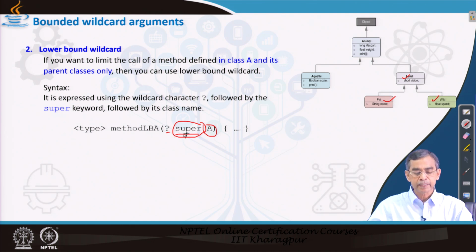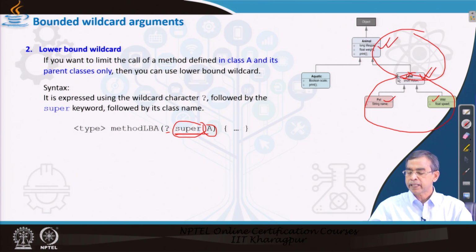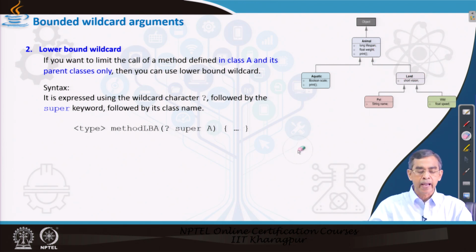On the other hand, if it is a lower bound, it extends to this class and any of its superclasses. So, this is the lower bound and this is the upper bound argument. For a method defined in this class with these two bounds, the scope is either this class and its superclasses, or this class and its subclasses. This is the concept of the two bounds.